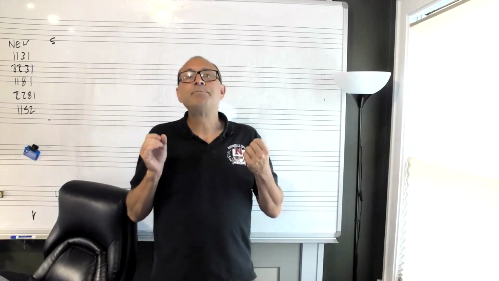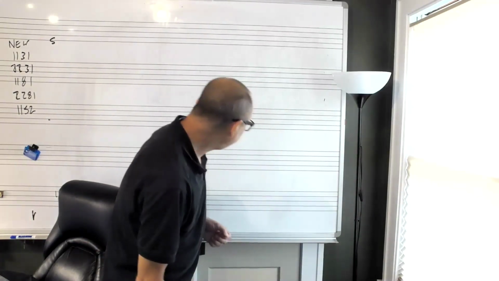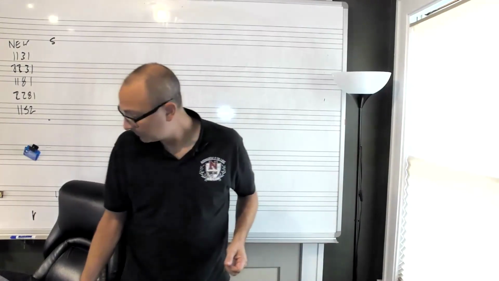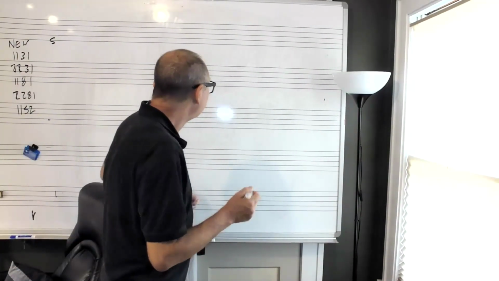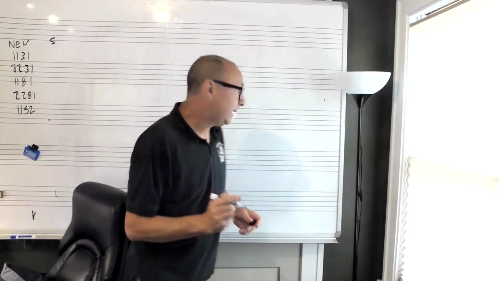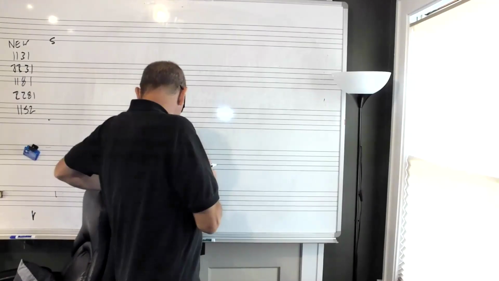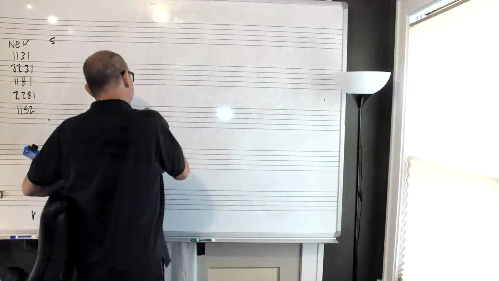But when it comes to counterpoint, just remember a few simple things. Such a good question. First of all, you're going to be given a cantus firmus. Okay? It's going to be a melody.